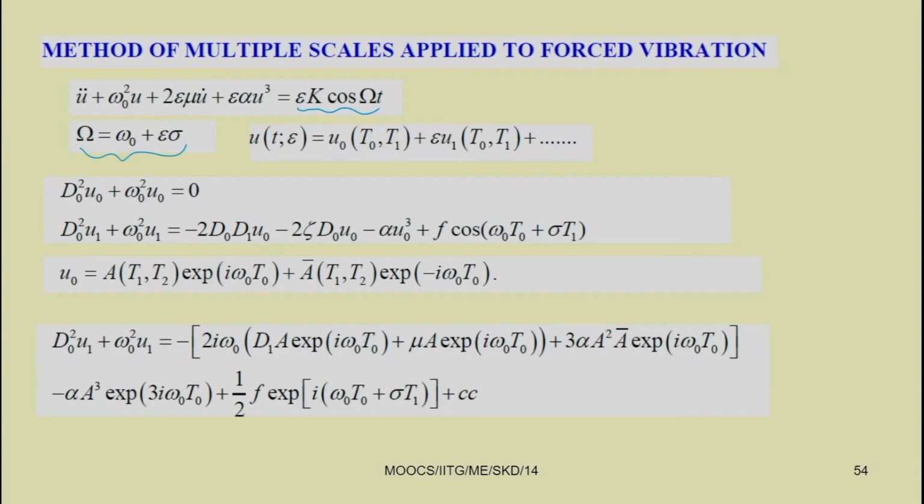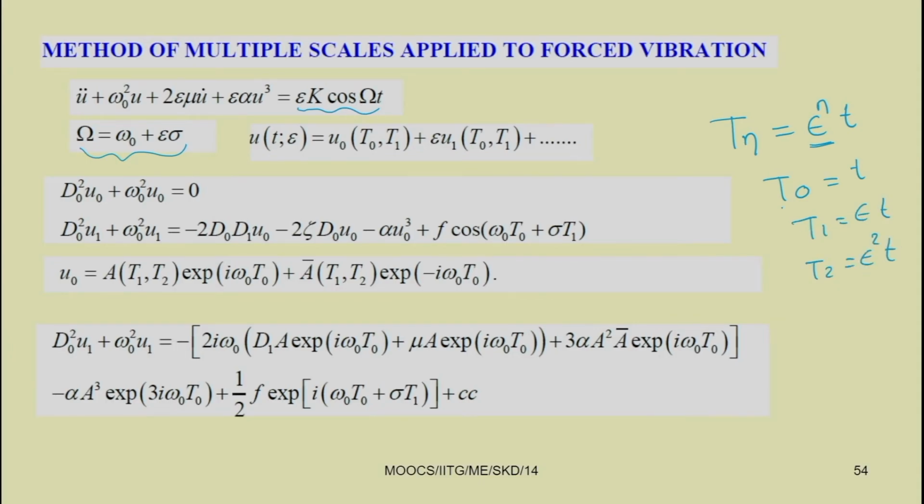So, we have taken u, that is the response, equal to u 0 (T0, T1) plus epsilon u 1 (T0, T1). Already you know in the method of multiple scales, T n is nothing but epsilon to the power n times t, for n equal to 0, 1, 2. So you have T0 equal to t, T1 equal to epsilon t, and T2 equal to epsilon square t.